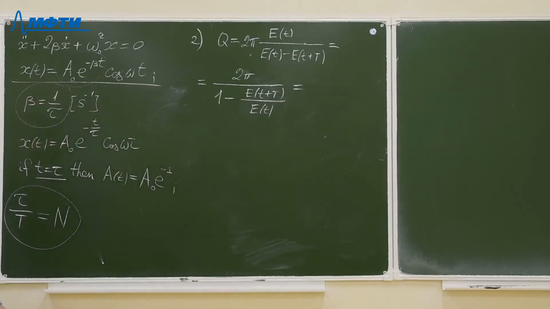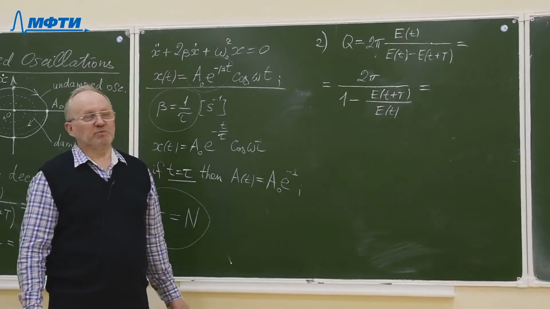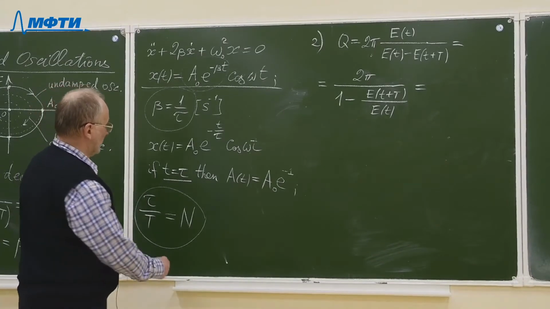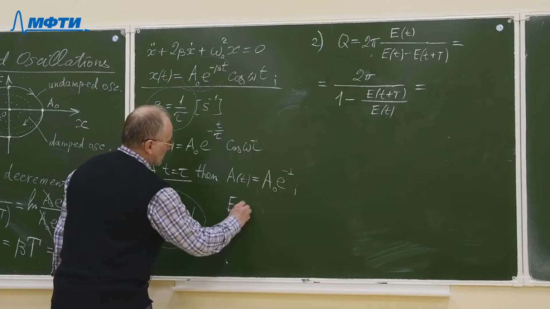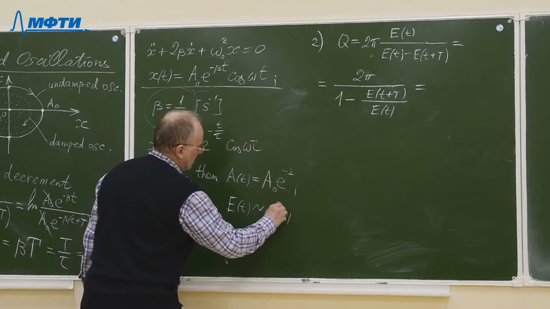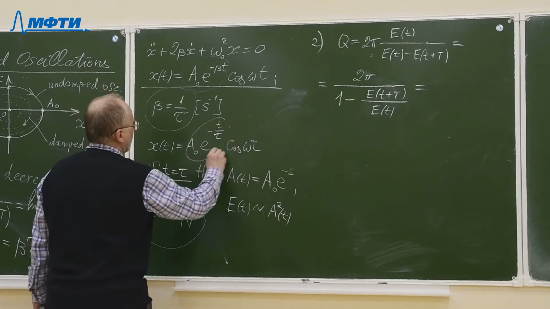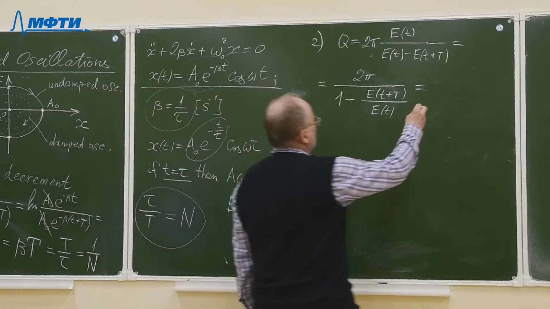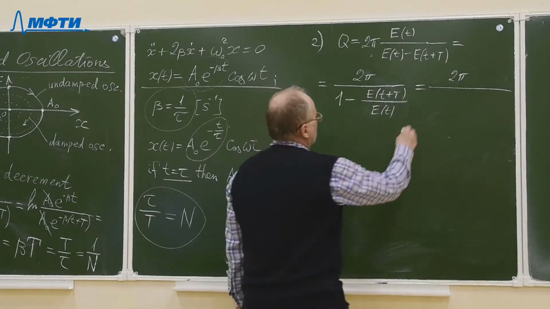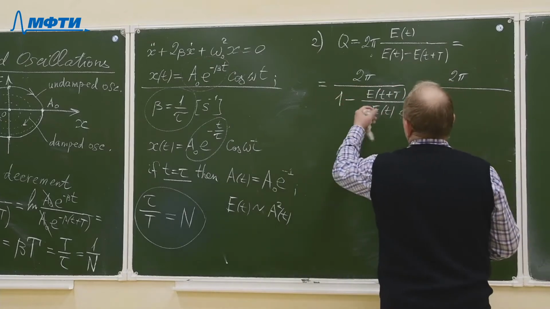What is the energy? We discussed it. In oscillatory motion, the energy is proportional to the amplitude squared. So if the energy of oscillations at any time moment is proportional to the amplitude squared, and the amplitude is known to us, then we can use this knowledge to modify this function.